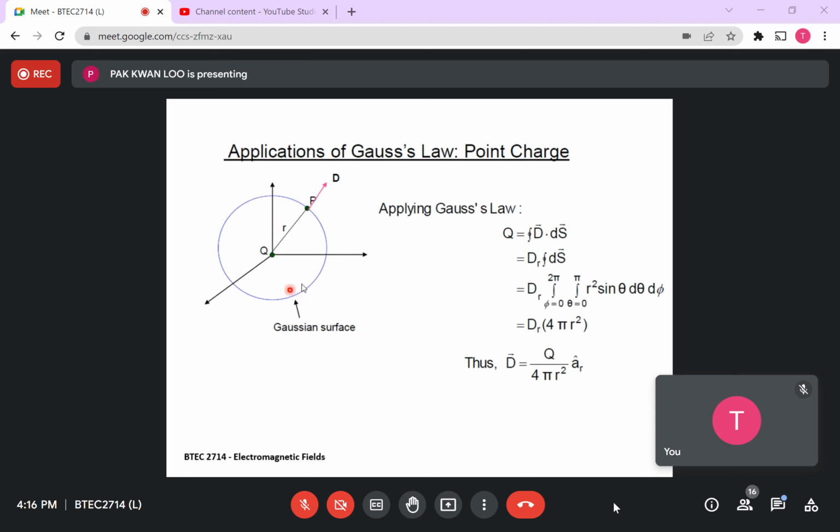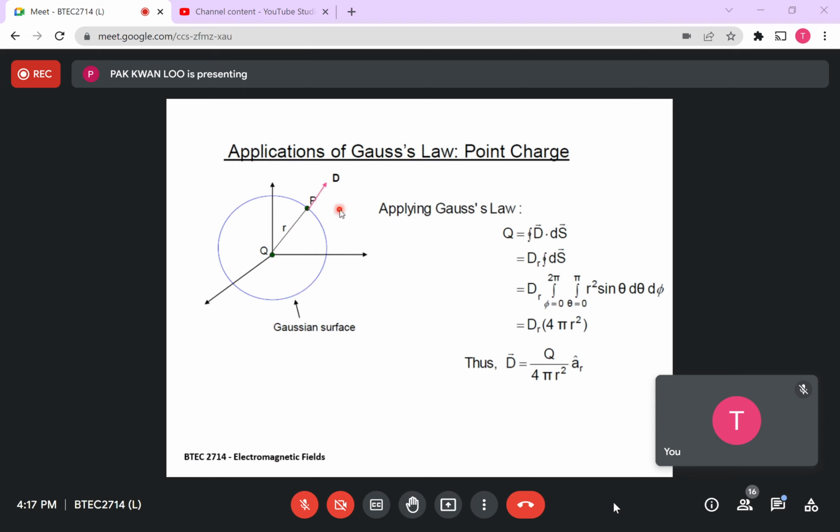If we choose this Gaussian surface, the electric flux through the surface is all perpendicular. I mean the direction of the electric flux is parallel to the normal of the surface.